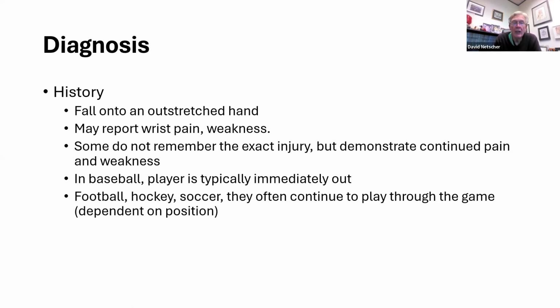However, if it happens on the field, as for example, a baseball player sliding into base, the rules of baseball really generally have you take that patient out of play right away. The other sports tend to be a little more liberal, and they may carry on playing or pad up the wrist and finish the game, unbeknown as to what damage is occurring to the wrist.